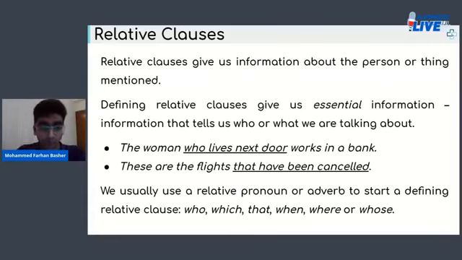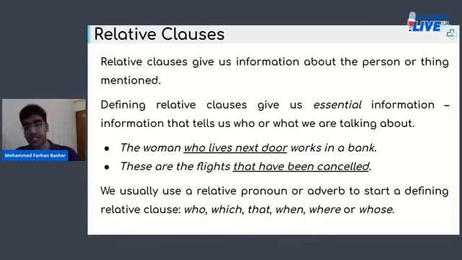So you say, "the woman who lives next door works in a bank." The clause "who lives next door" is a relative clause, giving you an essential piece of information about the subject that you're talking about in the sentence.